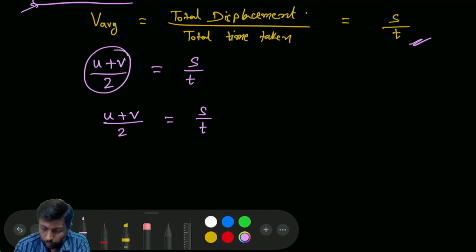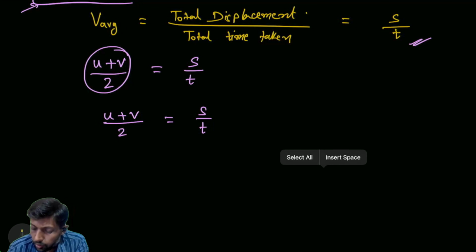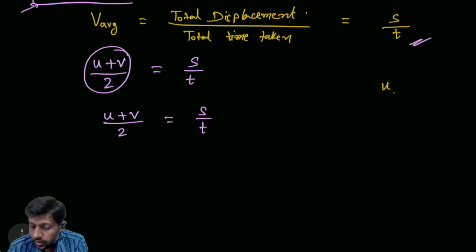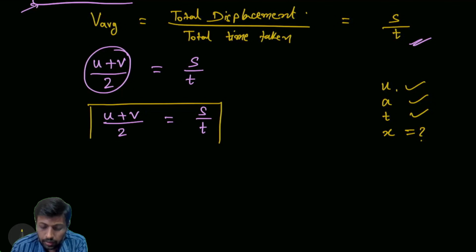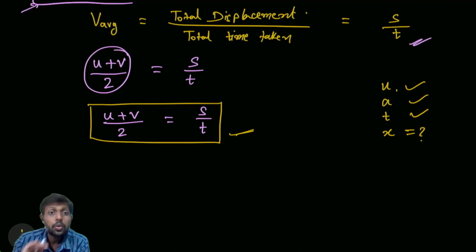Now let's say the only known quantities to us are initial velocity, acceleration, and time. We have to find out the distance. This is known, this is known, this is known. So how do we find it? See, this could have been the equation of motion if we knew the initial as well as final velocity.